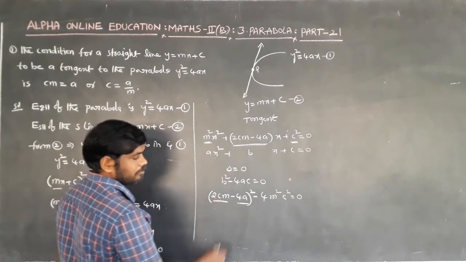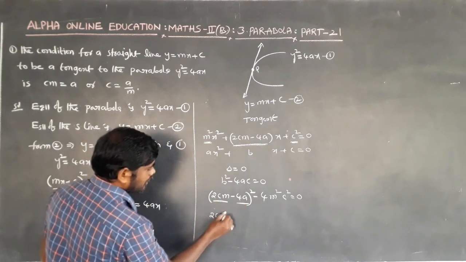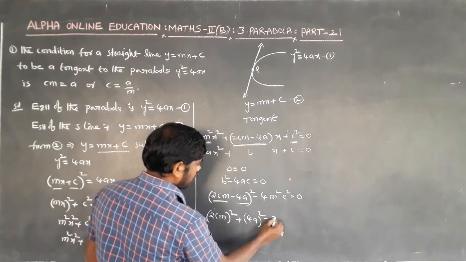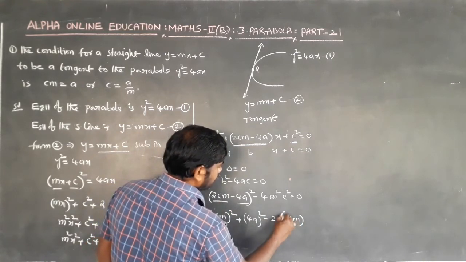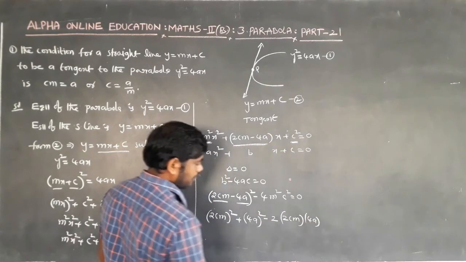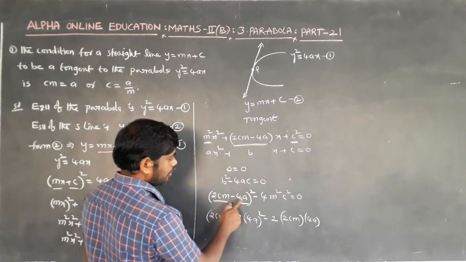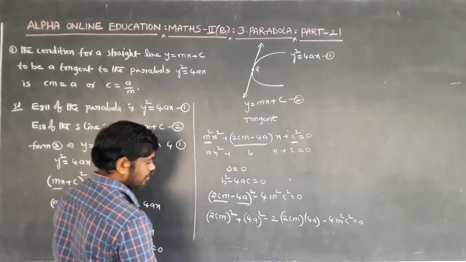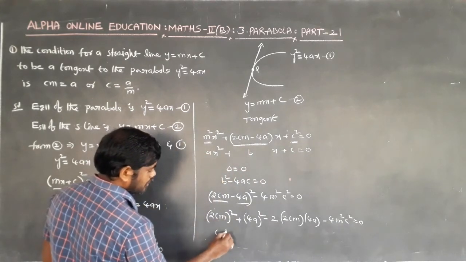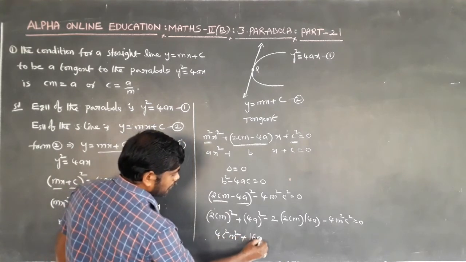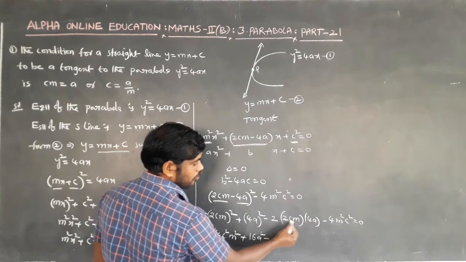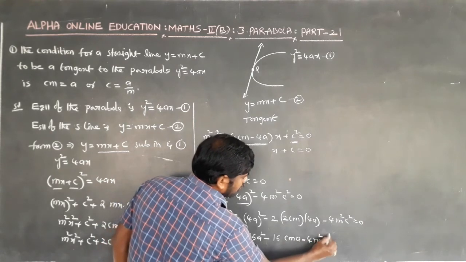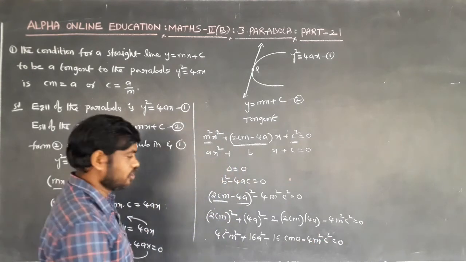By using the (a − b)² formula, a² + b² − 2ab: (2cm)² + (4a)² − 2(2cm)(4a) − 4m²c² = 0. (2cm)² means 4c²m² plus 16a², since 2 twos are 4 and 4 fours are 16, minus 16cma, minus 4m²c² = 0.